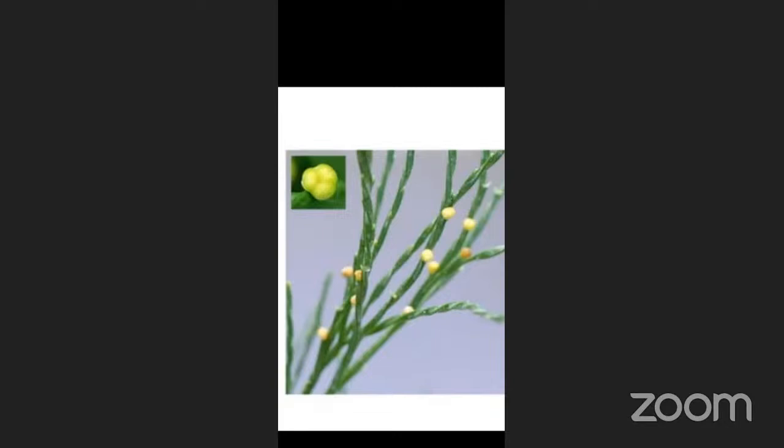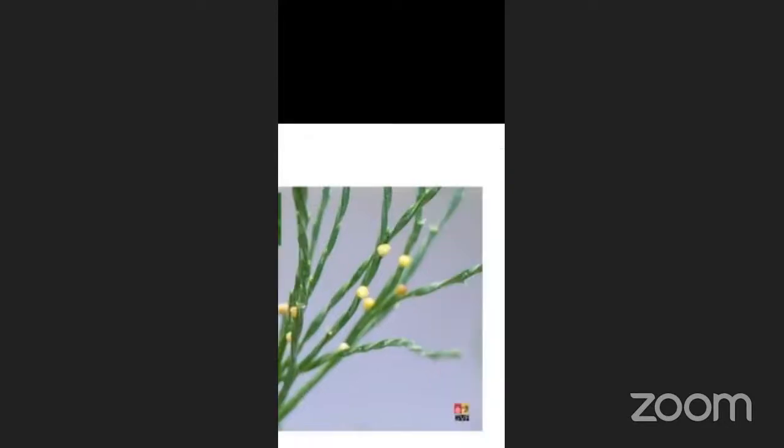They have vascular traces and are irregularly arranged on the stem. In the terminal part, the leaves are replaced by fertile and sterile appendages. On the apical region, some fertile and sterile organs are there.